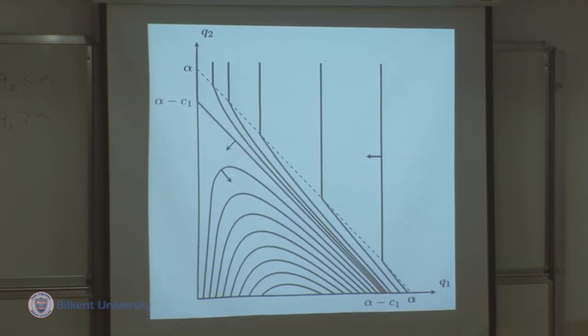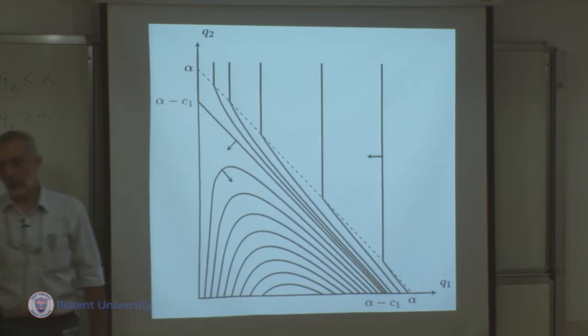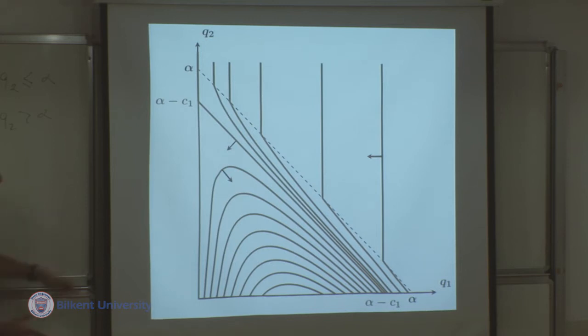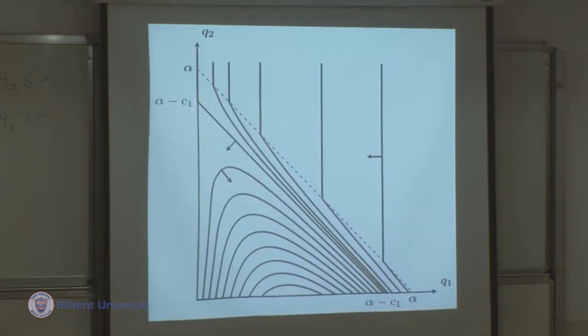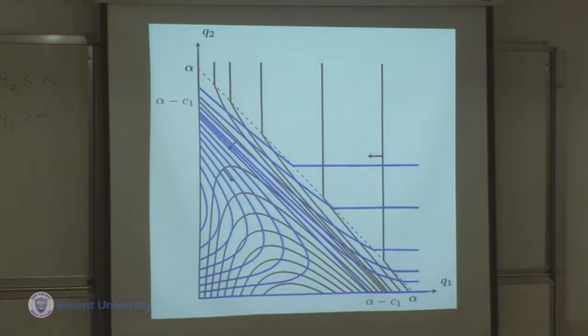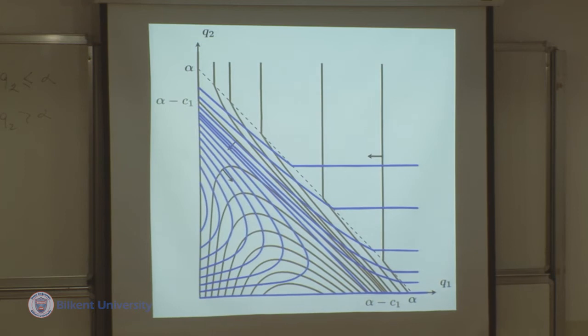Okay, so far so good. Any questions? So these are the indifference curves, ISO profit curves of firm 1. And I can do the same thing for firm 2. Actually, take this picture, flip it around the 45-degree line, you would get something like this. Okay? That would be the indifference curves for firm 2.